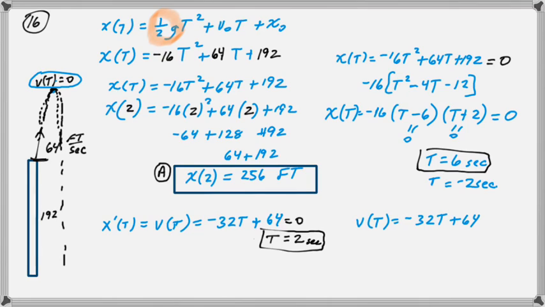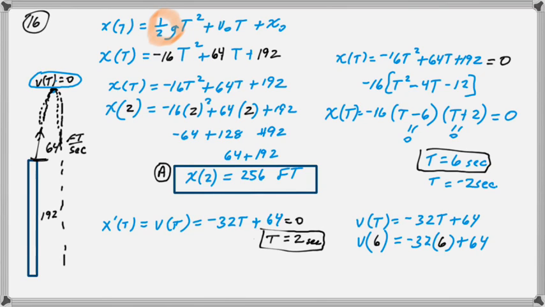So the time is 6. That's what you have to put into the velocity function, because they want to know the velocity when it hits the ground.